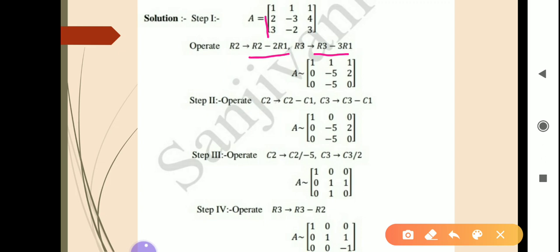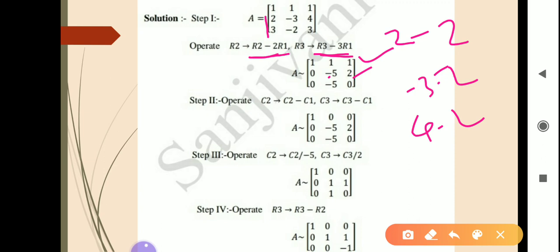So if you use R2 minus 2 R1 and R3 minus 3 R1, then the matrix becomes: first row as it is, 1 1 1. Second row: 2 minus 2 is 0, then minus 3 minus 2 is minus 5, then 4 minus 2 is 2.